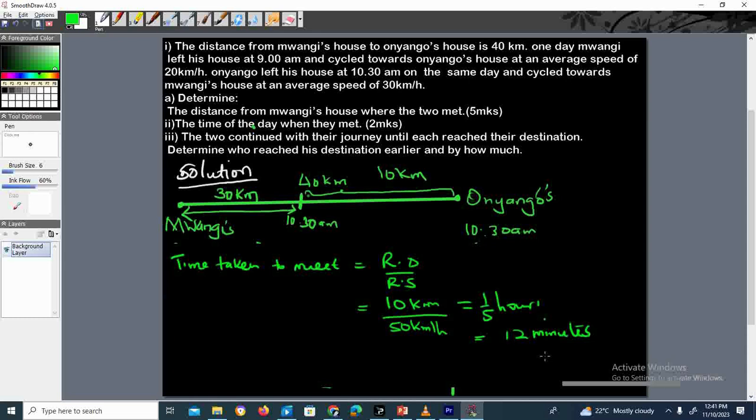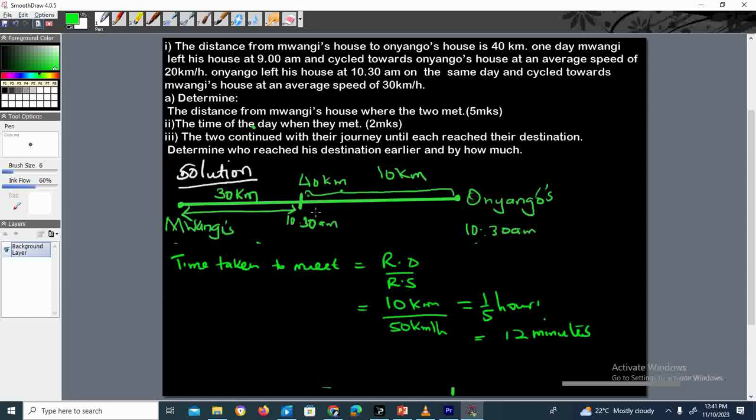But you are not interested in the time. You are interested in the meeting point. How far is it from Mwangi's house? We know from 9 to 10:30, Mwangi had covered these 30 kilometers.